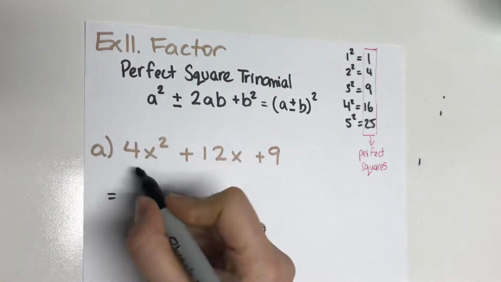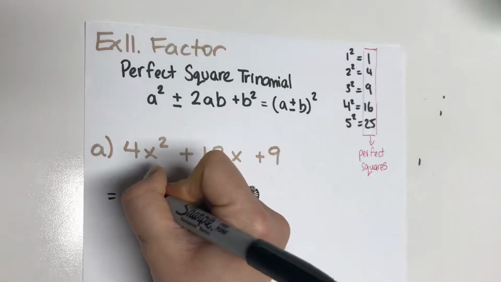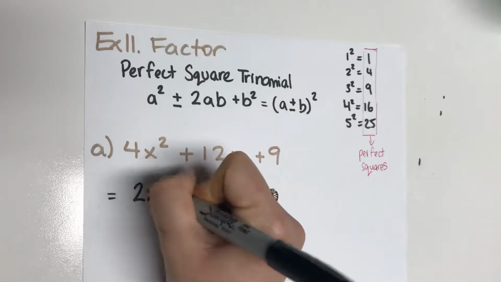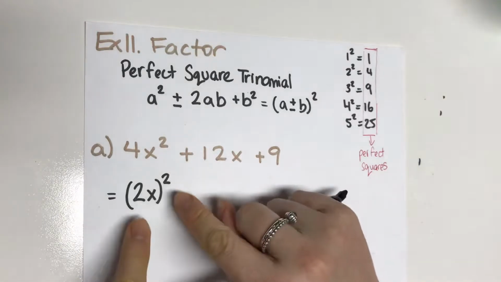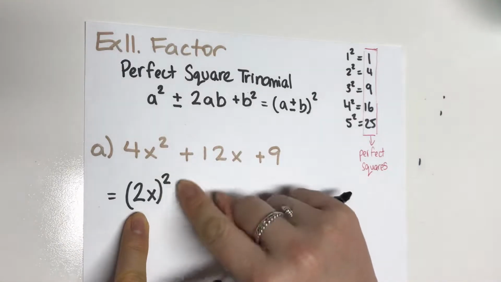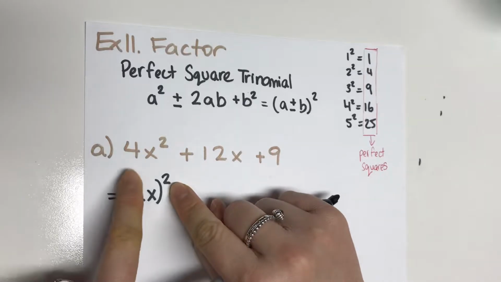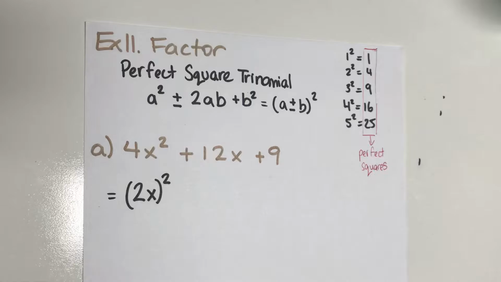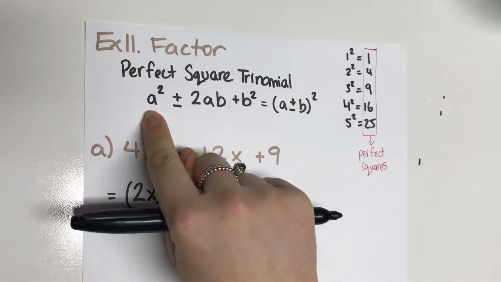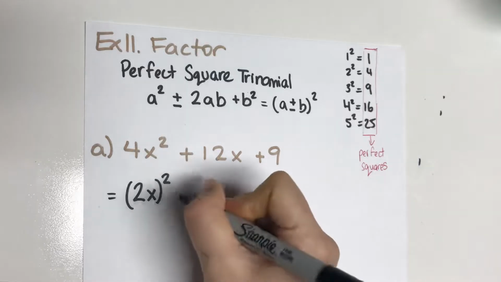So instead of writing 4x squared, I'm going to write 2x to the power of 2. So you'll notice that if I expand this, 2 squared is 4 and x squared is the x squared over here. So all I've done is rewritten it so that I can more easily see what the a value in this case would be.